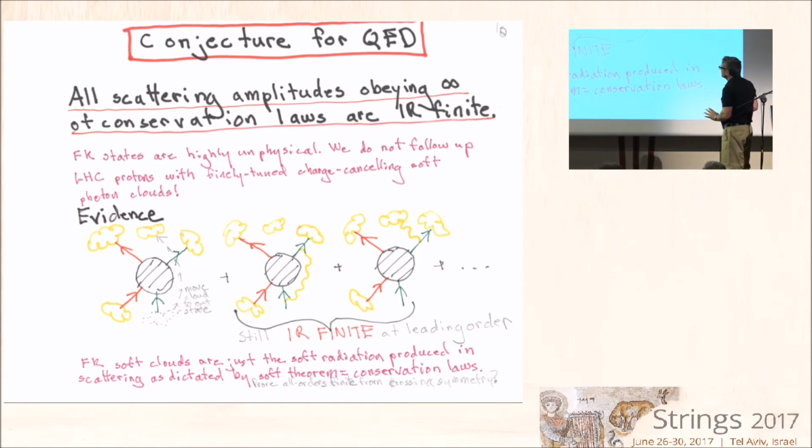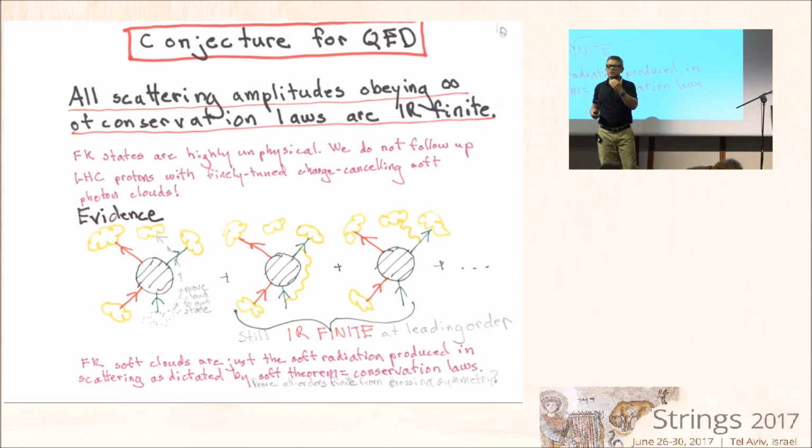It would just cancel the incoming cloud and replace it with an outgoing cloud. It's like the difference between solving the scattering problem with the retarded potential rather than the advanced potential.